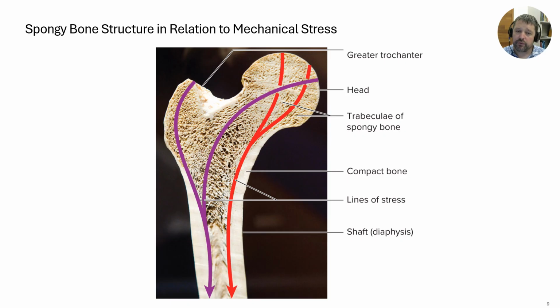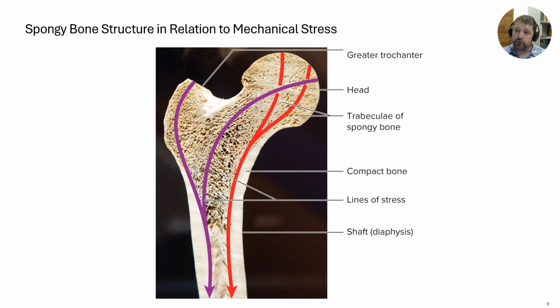So that spongy bone would be converted into compact bone along those lines of stress. And so once you get these lines of stress and you get a lot of pressure building up in that region, spongy bone will give way to compact bone.